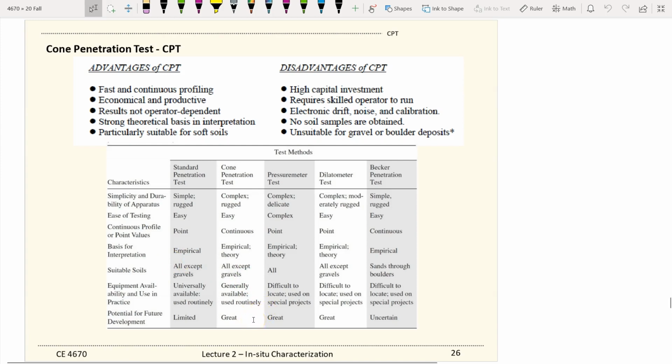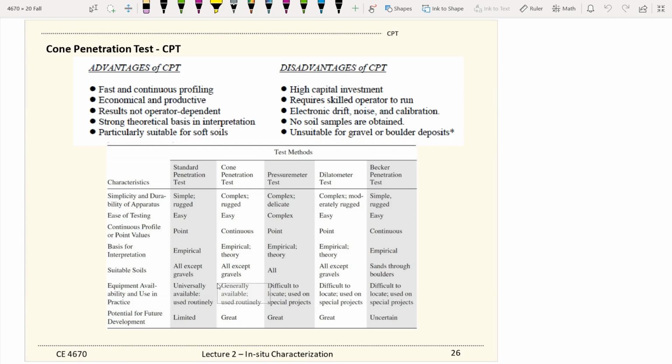Another key difference is whether they are available in practice. SPT is the one that we have been using for a long time. We have a long history on that, so you won't be surprised that the availability of SPT is better than CPT. CPT requires a very specialized contractor to do it, but CPT has become more and more popular.